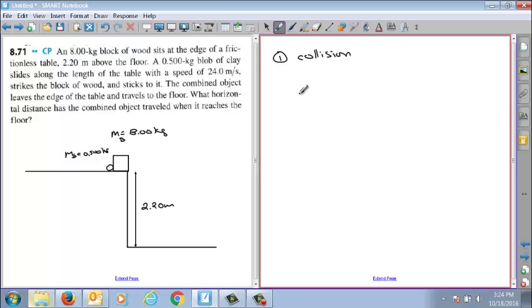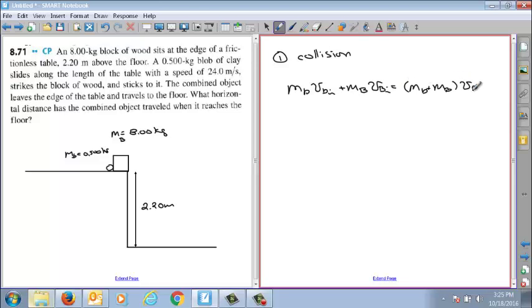For the collision part, we use conservation of momentum, which says the mass of the blob times the initial velocity of the blob plus the mass of the block times the initial velocity of the block is equal to the mass of the blob plus the mass of the block, both times the final velocity.